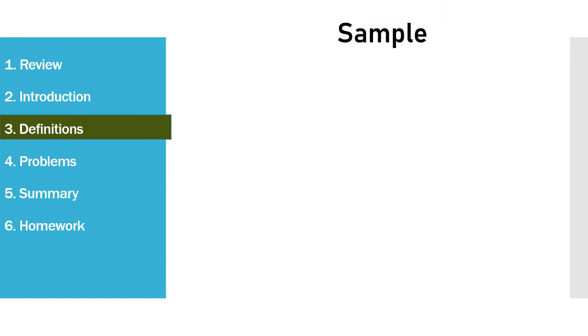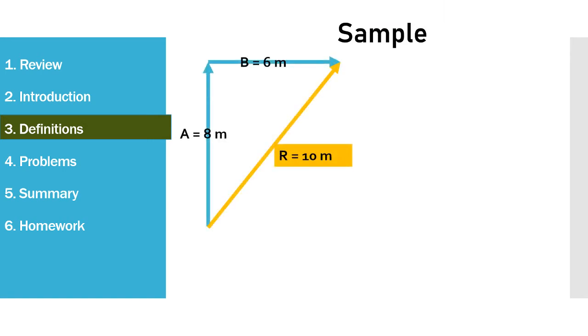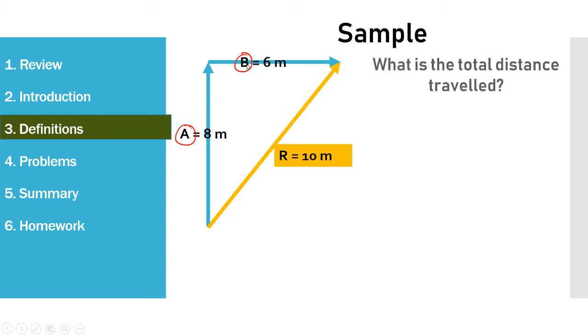Now, let's have an example. Let's go to our vector addition example. Let's say you have two vectors over here, 8 meters and 6 meters. Initially you go up with the 8 meters, and then you go to the right with the 6 meters. When you're asked for the total distance traveled, what does it mean?